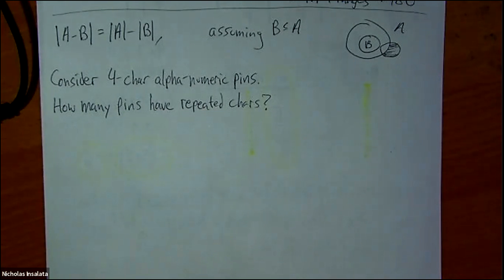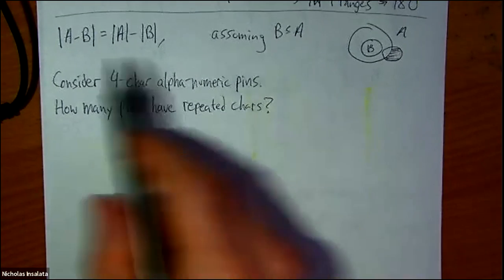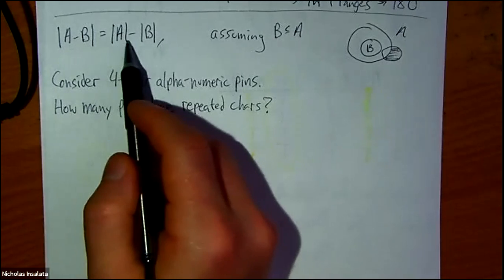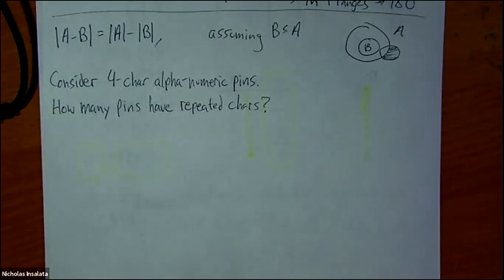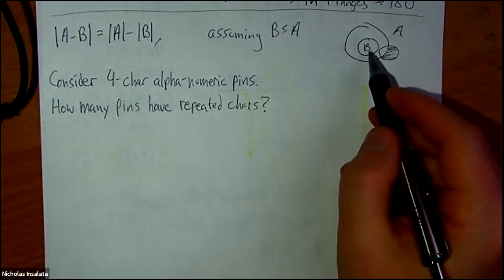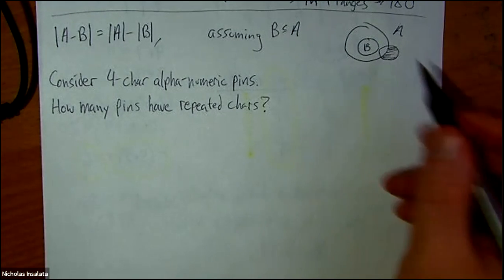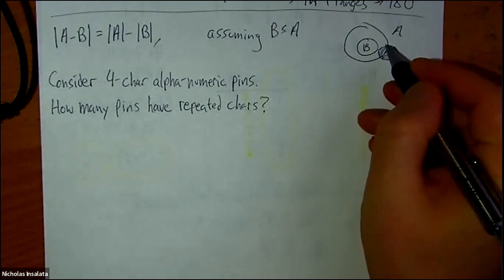Okay, so Sean in the chat, you were saying, if we didn't have B contained in A, we would only be able to say the size of A minus B is the size of A minus the size of the intersection of A and B. Yeah, I think that's exactly right. It just so happens that the intersection of A and B equals B when it's contained inside of A, but otherwise we would only want to subtract off the intersection, which would be that part, right?